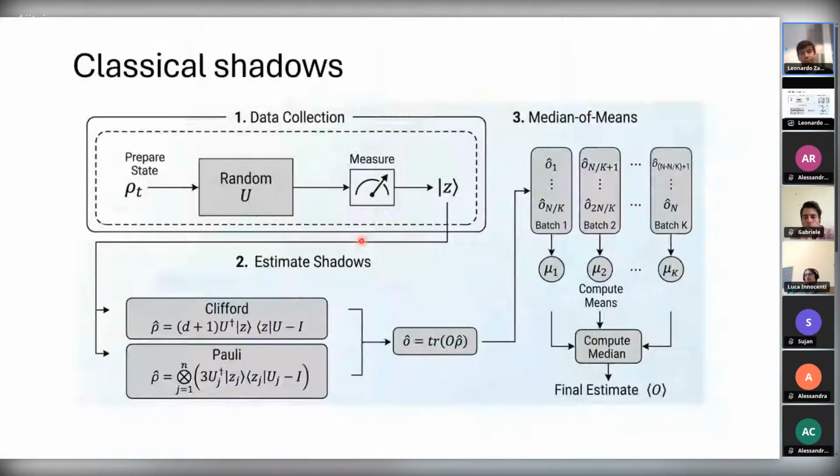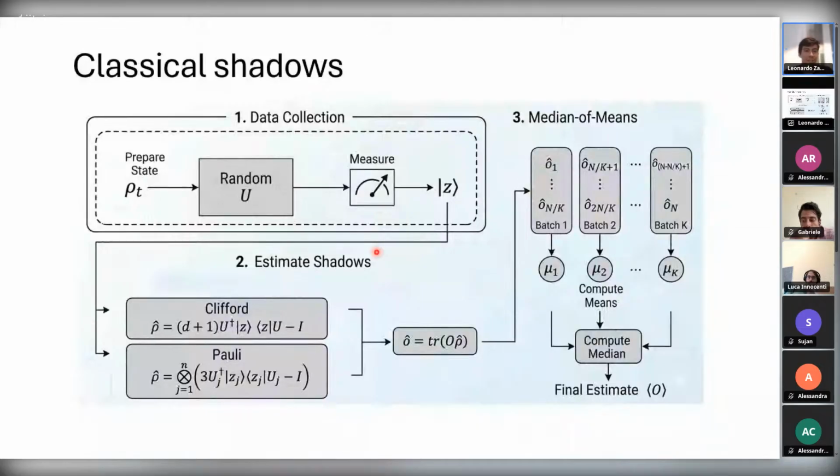So in the ideal setting, we repeat our experiment n times. In each round, we prepare our state rho. We apply some random unitary that is usually a global Clifford circuit or a local Pauli rotation, and we then measure in the computational basis to get some outcome, just as we did in tomography.